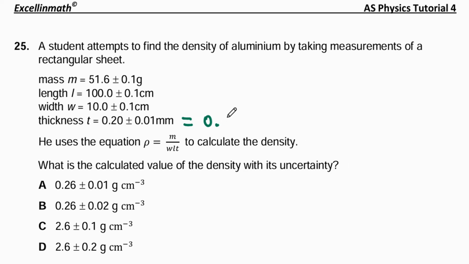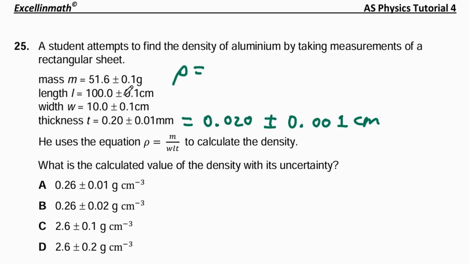So it's 0.020 plus minus 0.001 centimeters. Next, we can find the density by plugging into this equation.